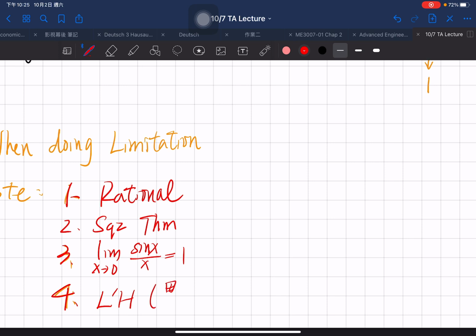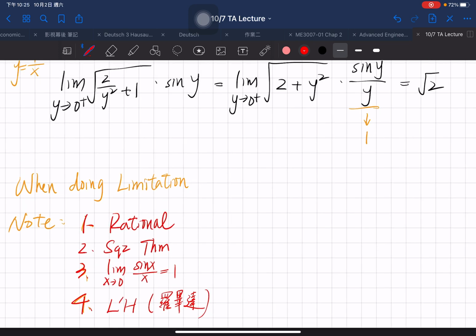In Chinese it is 罗必达. Okay, so these are 4 important skills you need to notice when you are doing limits.